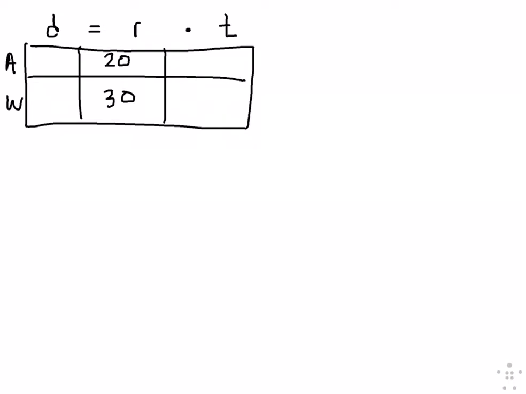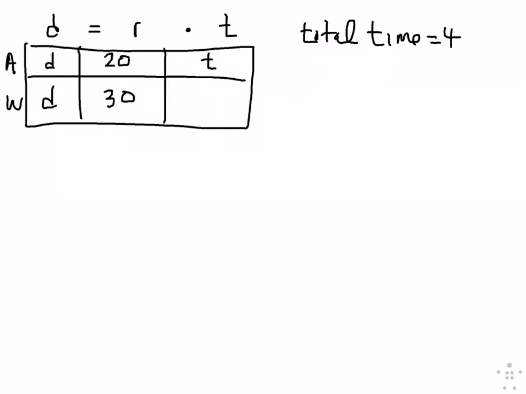Now we know for a round trip the distance is going to be the same. So the total time equals 4 hours. So if we spend T amount of time going out against the current, so let's say we went an hour against the current out, coming back we have 3 hours.